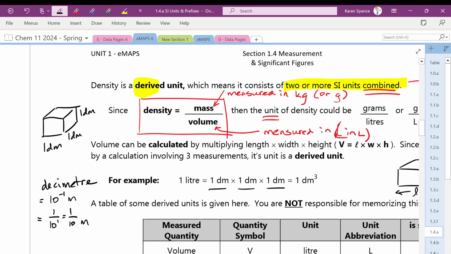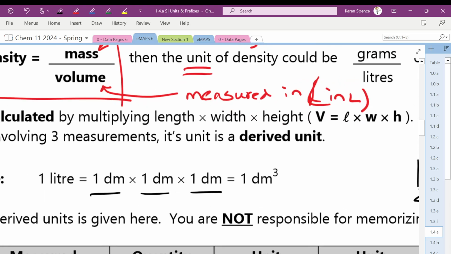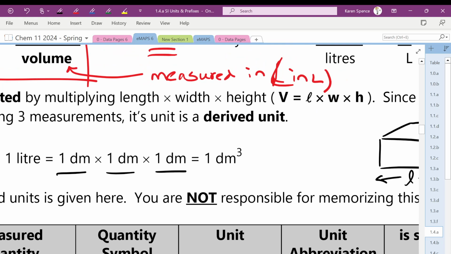And what is 1 times 1 times 1? This is super hard. Hardest question of the year. 1 times 1 times 1 is 1. That was sad. Everybody, what's 1 times 1 times 1? 1. Yay. Okay. Now, 1 times 1 times 1 is 1.